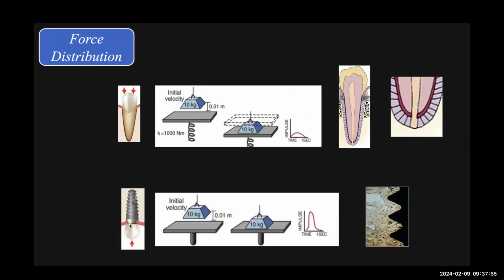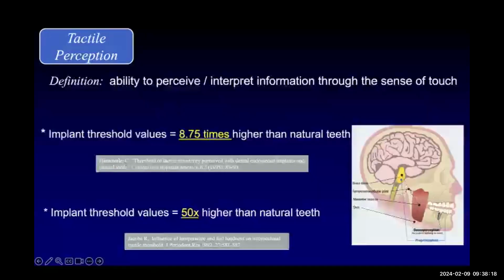We also know that if we have an implant and we put that same amount of force on, because the implant interface is bone, it is not soft tissue with elastic fibers, it will not absorb any of the force. We have to treat this implant a lot differently than this tooth because of the periodontal ligament. So the force distribution is different.